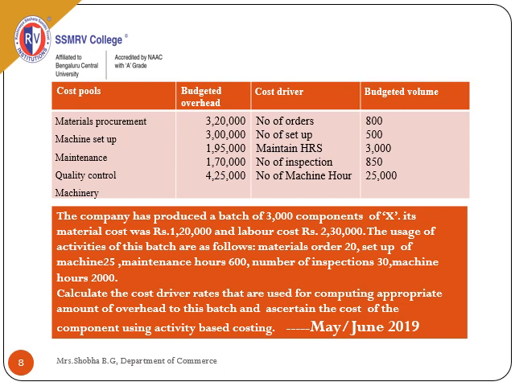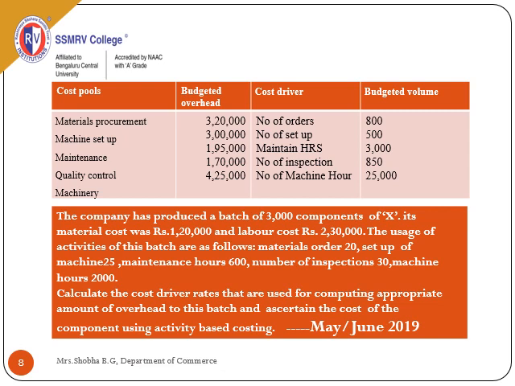Then coming to the adjustment, the company has produced a batch of 3,000 components of X. So product X is going to be produced, and it is of 3,000 components. Then its material cost was rupees 1,20,000 and labor cost rupees 2,30,000. So the direct cost elements are given, the material cost as well as the labor cost.